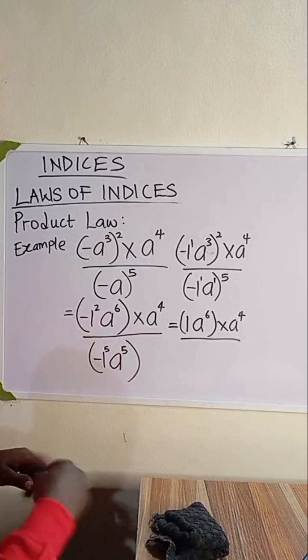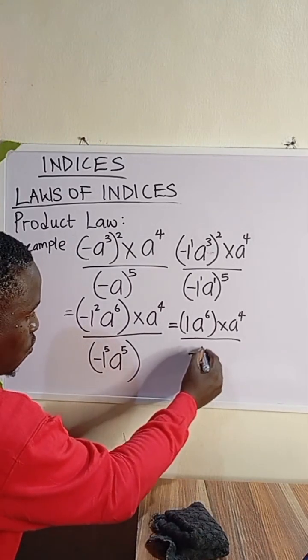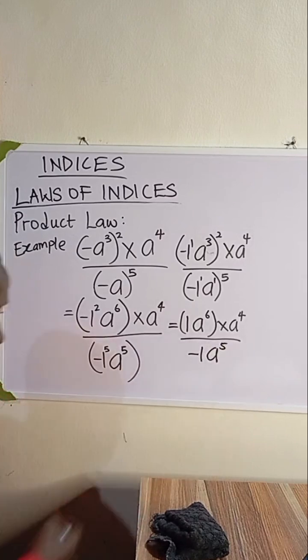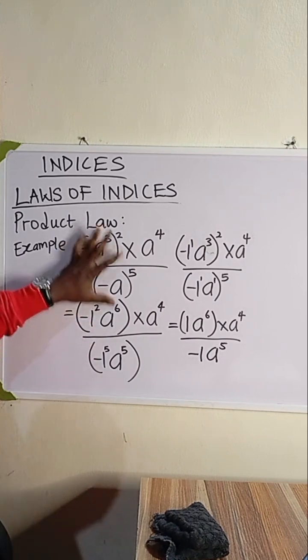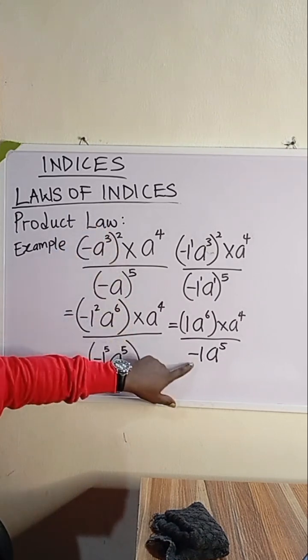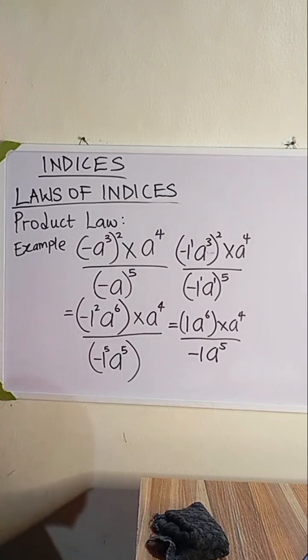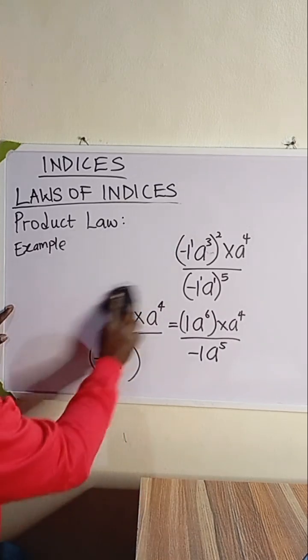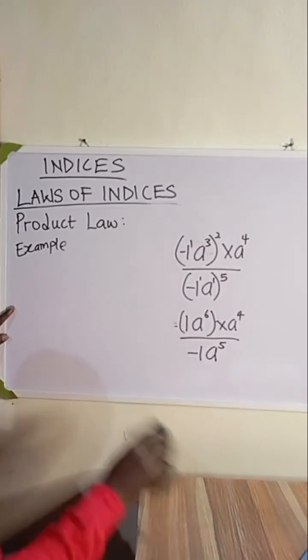I'd like to wipe some of this out so that we can continue solving. Okay, so 1 a to the power of 6 is the same thing as a to the power of 6. So we have a to the power of 6 times a to the power of 4 all over minus a to the power of 5.